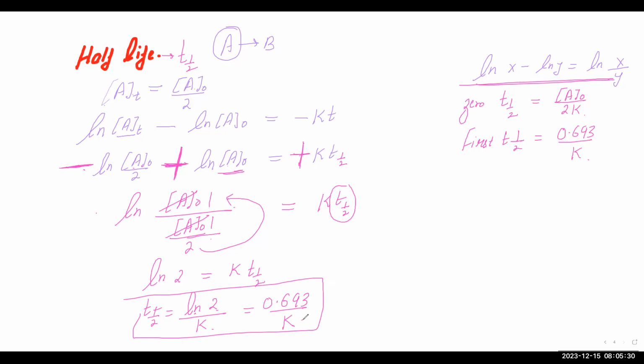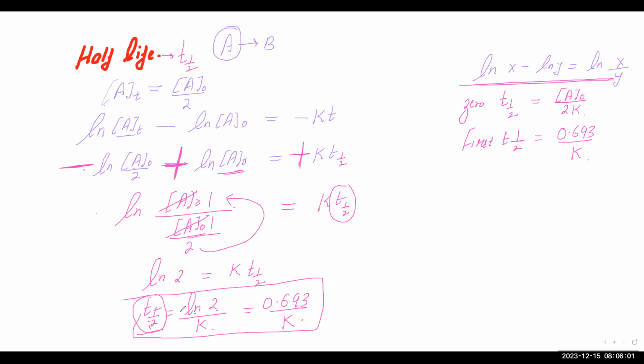In the first order kinetics, is this half-life dependent on the initial concentration? t half is your 0.693 over K and initial concentration is not a part of the equation. So this half-life is constant always.